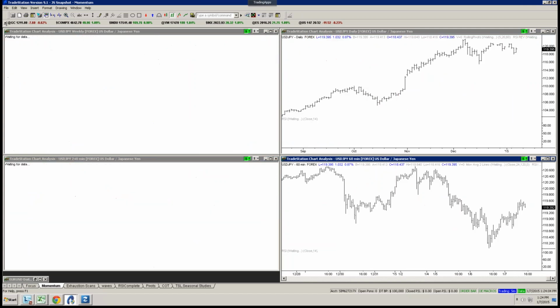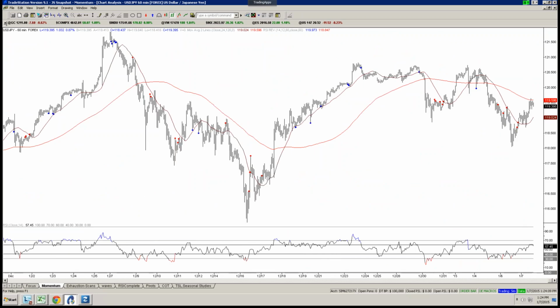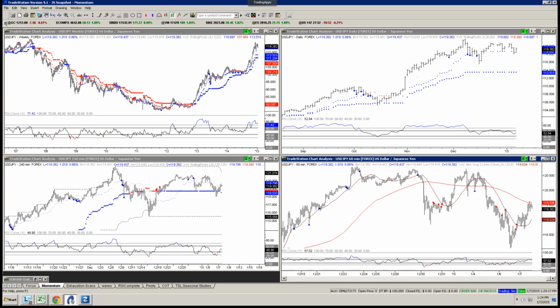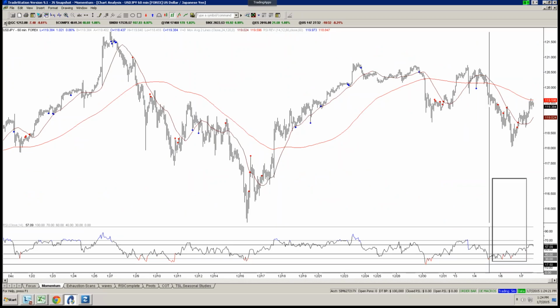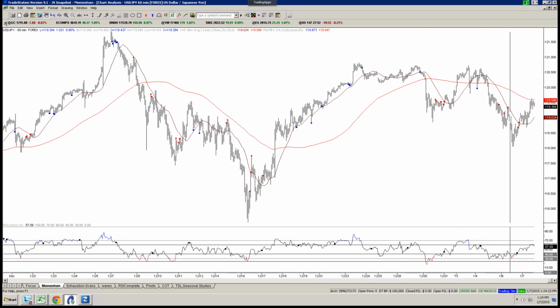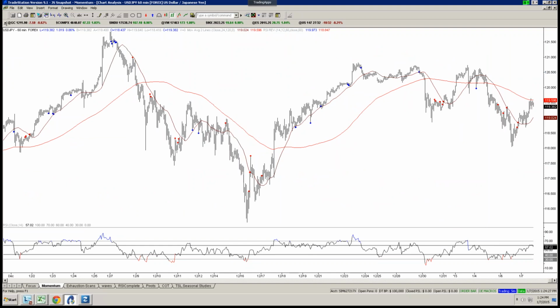Part of the logic of that was we had come into what was viewed as a support level, responded to it, and then the low hourly close there was 118.79, so 118.80 entry. Figured we'd be able to get this push up into here, but we took a small loss with the market coming all the way back down towards 118.02 or something like that.